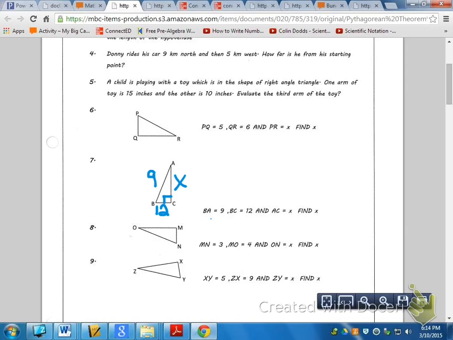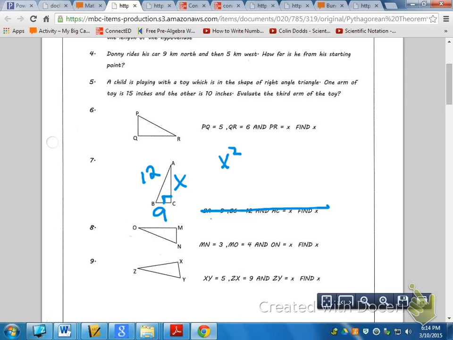So I think what I'm going to do on this one is I'm going to mark that out, and I'm going to interchange those two. There's no way that the hypotenuse can be 9 with the side being 12, so I think that might be a typo. So we're going to do it like this. If any of yours come up like that, then you have permission to not do those, because there's no way it's going to work. So let's do this problem.